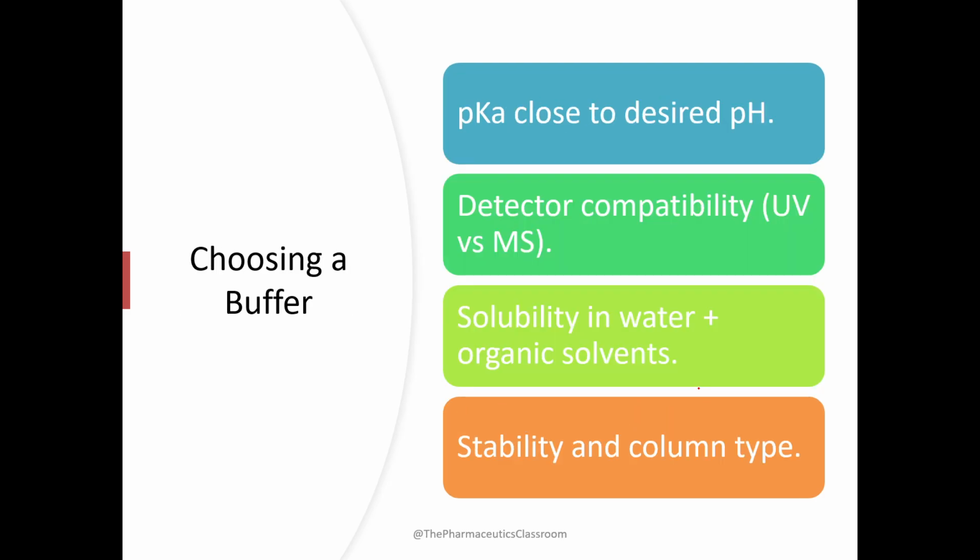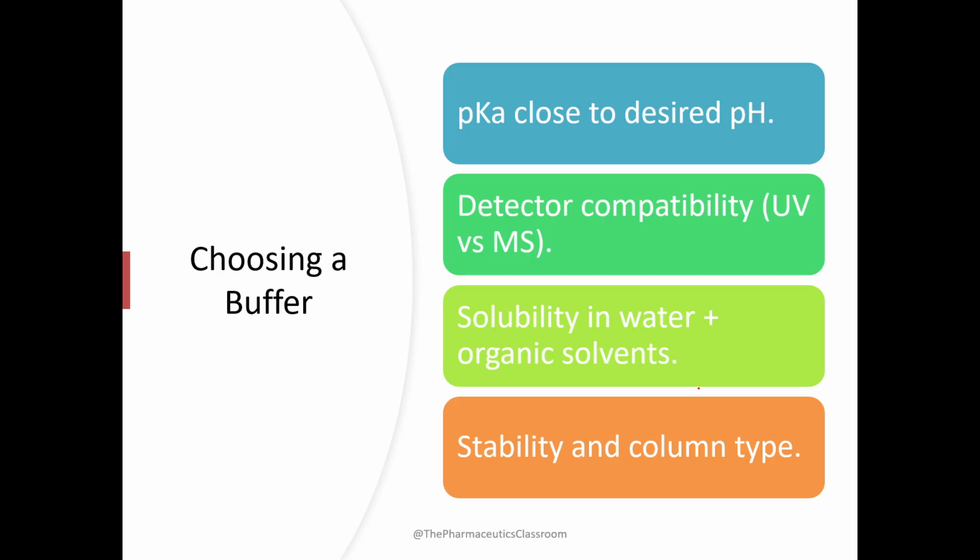How to choose a buffer? Suppose I have taken ammonium formate. We should choose the buffer in its buffering range.